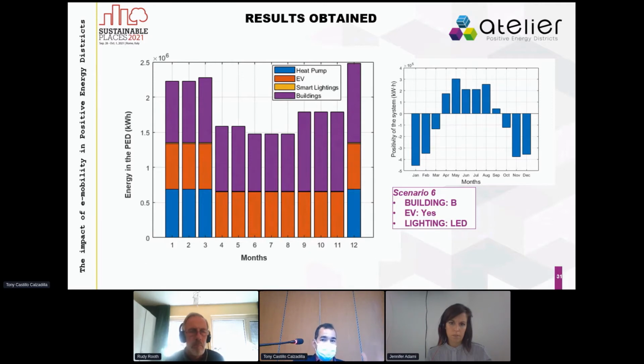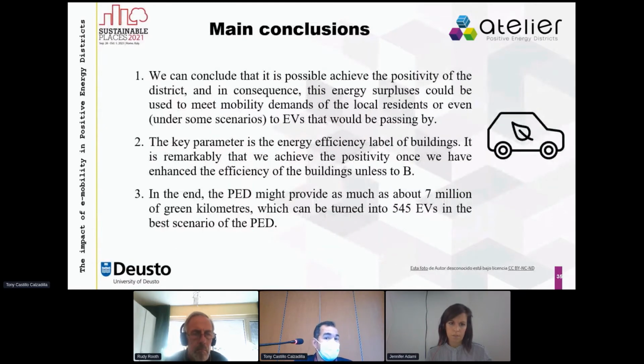And well, conclusion: we can conclude that it is possible to achieve the positivity of the district, and in consequence, this energy surplus could be used to meet mobility demands of local residents, or even, under some scenarios, electric vehicles that would be passing by. The key parameter is the energy efficiency level of the building.